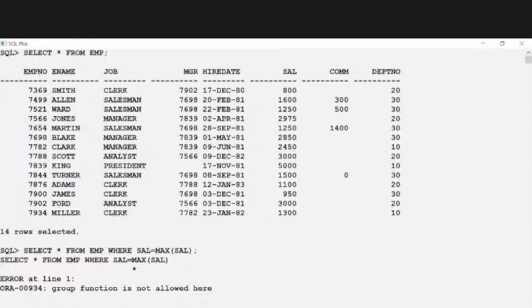Where hire date equals to... hire date, out of 100 employees, which employee joined first.